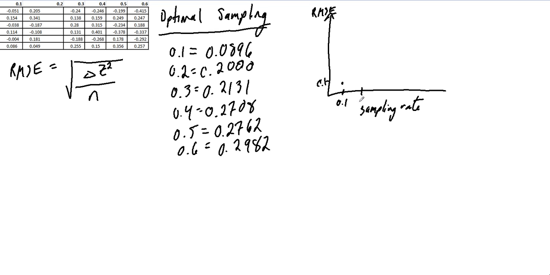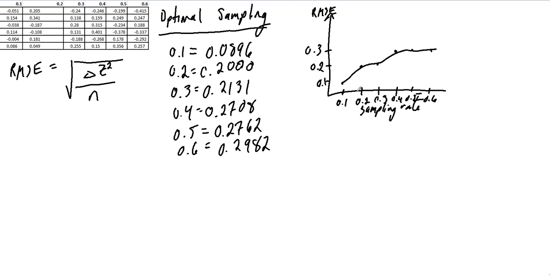Then my next ones are 0.2, 0.3, 0.4, 0.5, 0.6. At 0.2, it jumps up to there. Then at 0.3, it's just above the 0.2 value. It flattens out a little bit. Then 0.4 jumps up, and then these ones flatten off again. So we end up with something that looks like this.